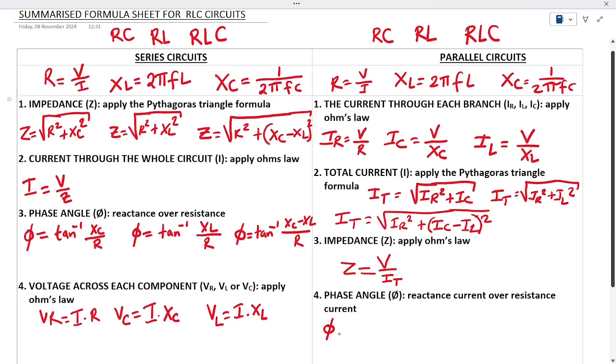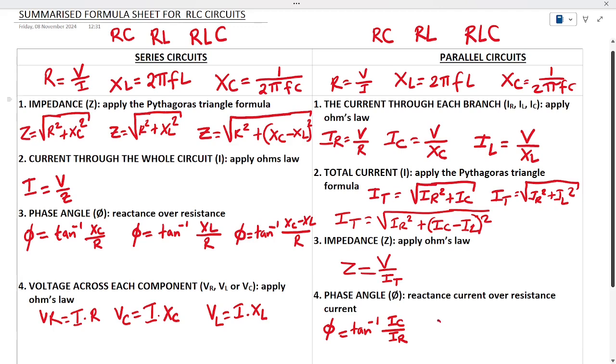You do tangent to the power negative 1 of, if you're dealing with an RC circuit, IC over IR. That's what you do.